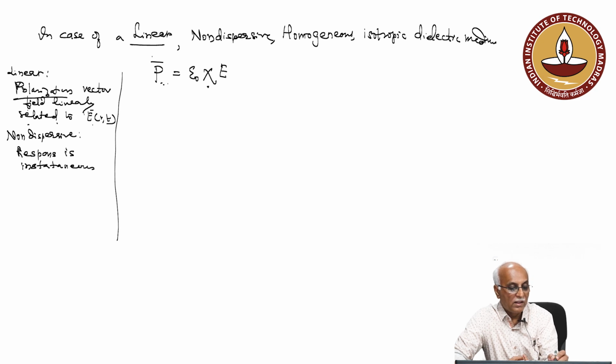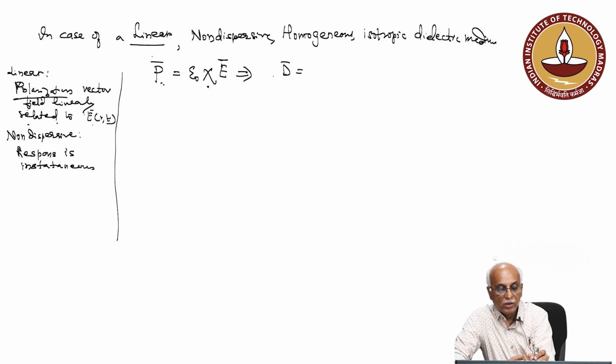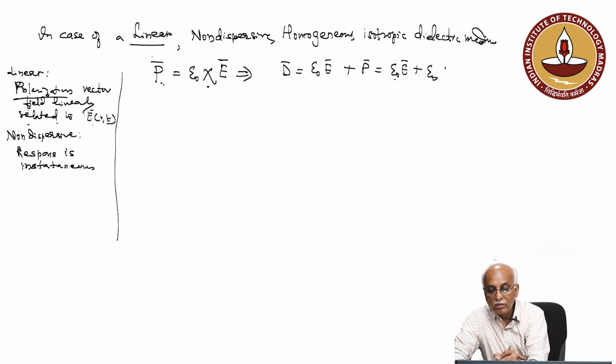It is linearly related to the electrical field. This in turn gives you the electrical flux density, which is epsilon E bar plus P bar, or epsilon 0 E bar plus epsilon 0 chi E bar. So it can also be expressed as epsilon 0 (1 plus chi) E bar.